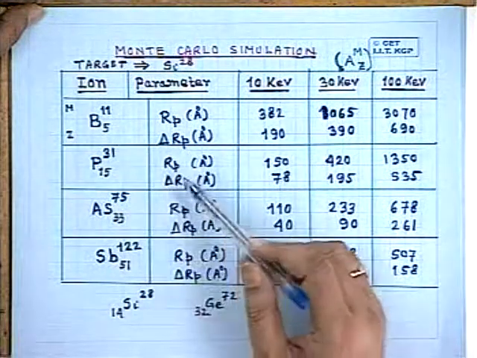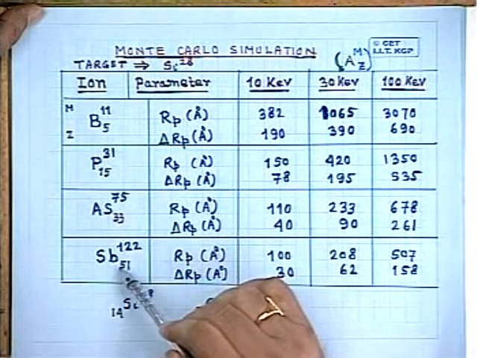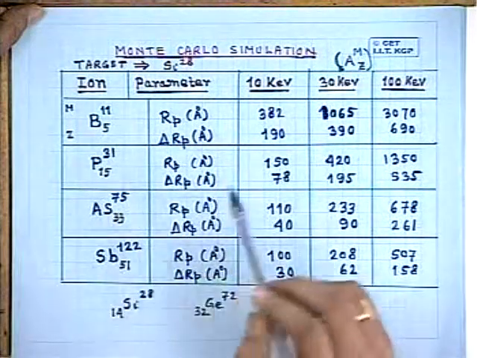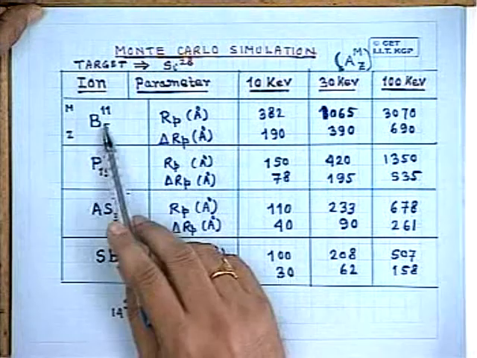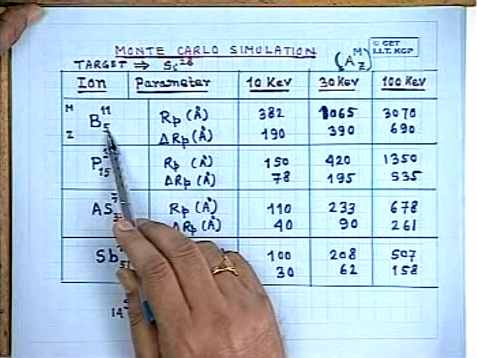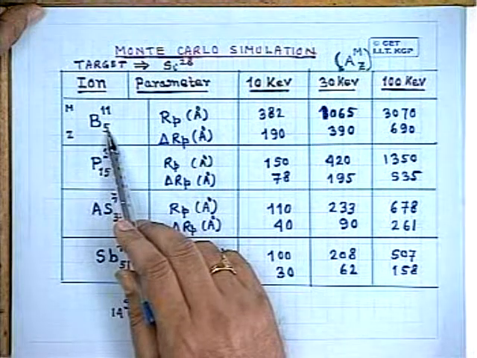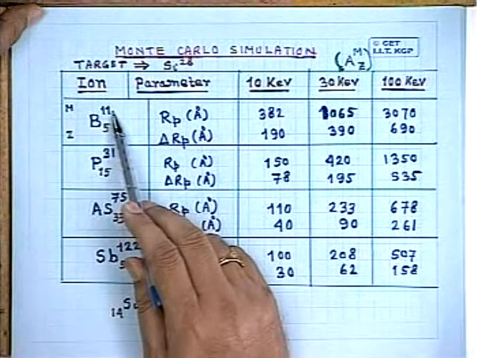And the ions I have used are boron, phosphorus, arsenic and antimony. The target is silicon. Silicon has mass number 28. At the top is written the mass number and Z is written at the bottom. Z is the atomic number and the other is the atomic mass.